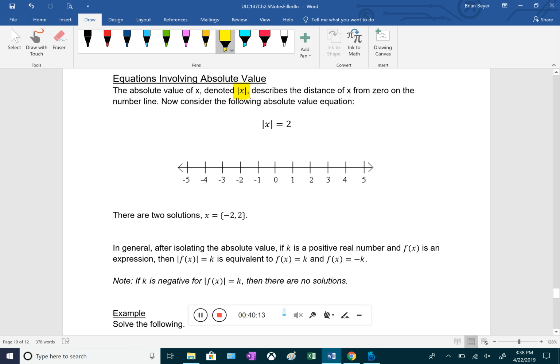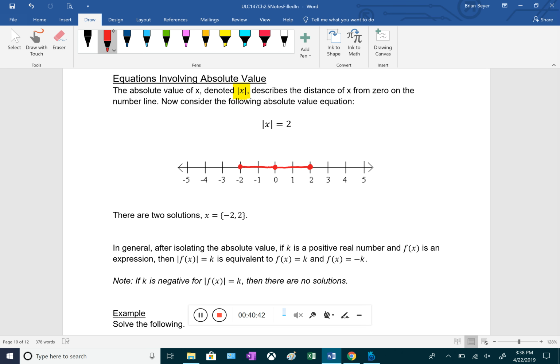What values of x would make this statement true? Clearly positive 2 would work, because it's a distance of 2 away from 0 on the number line. But negative 2 would also work because negative 2 is 2 units away from 0 also. So the two solutions are negative 2 and positive 2.